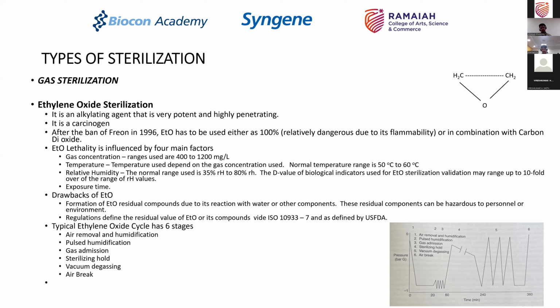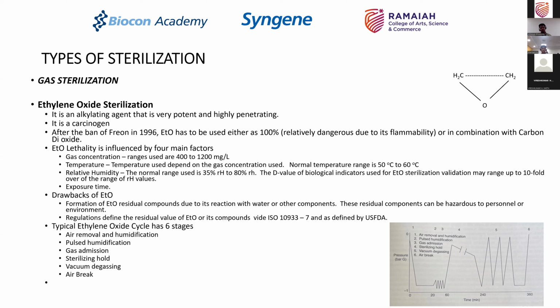To maintain that, you sometimes need to introduce more water into the system so that you are maintaining the humidity at a particular level. So it's a technique by which you are controlling the humidity during the process of sterilization, trying to keep it constant before your gas admission, so that you are not lower than the set value of 35% RH or whatever your validated value is.